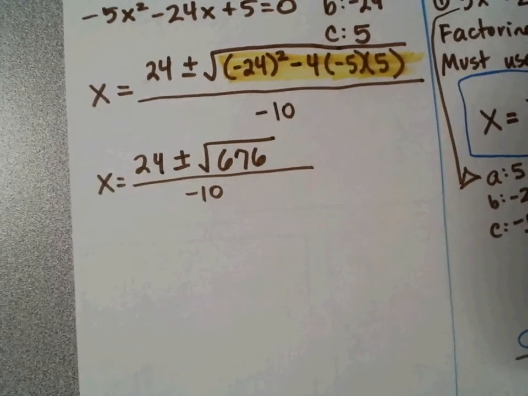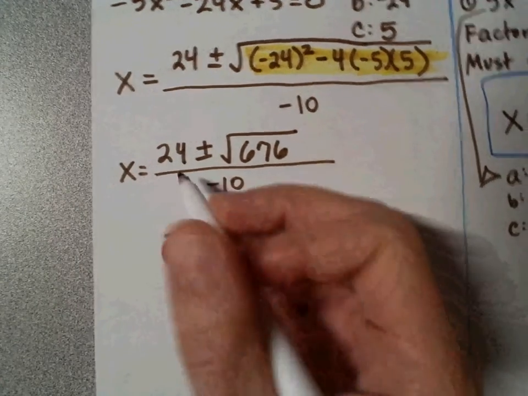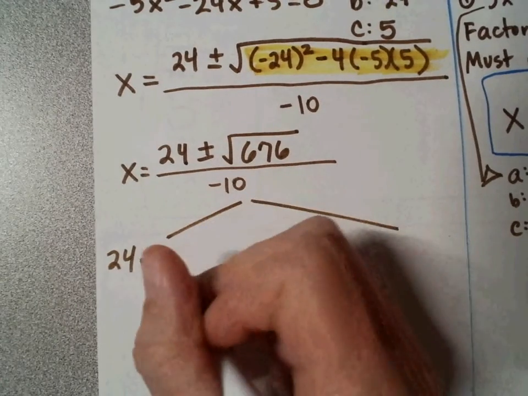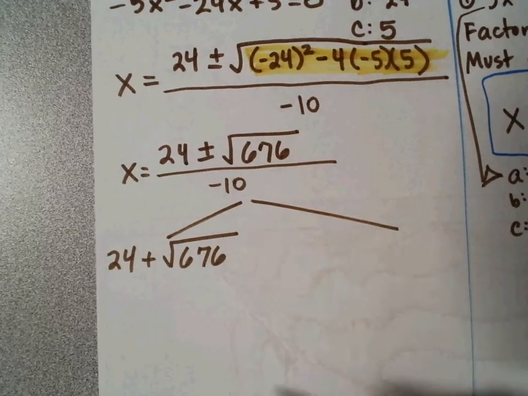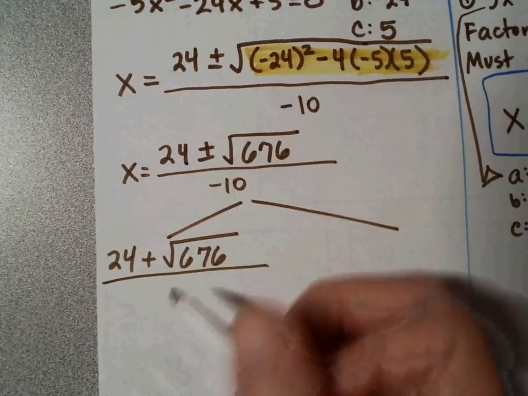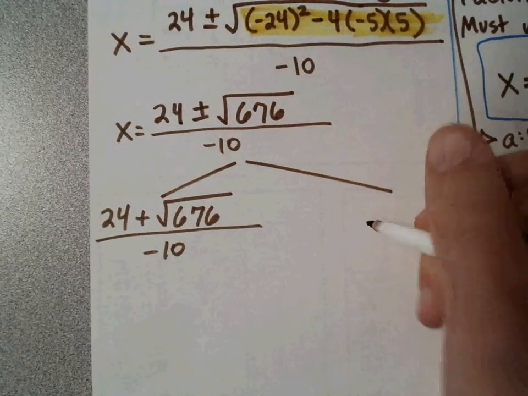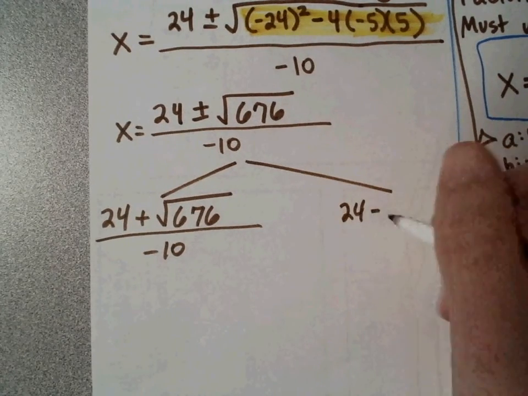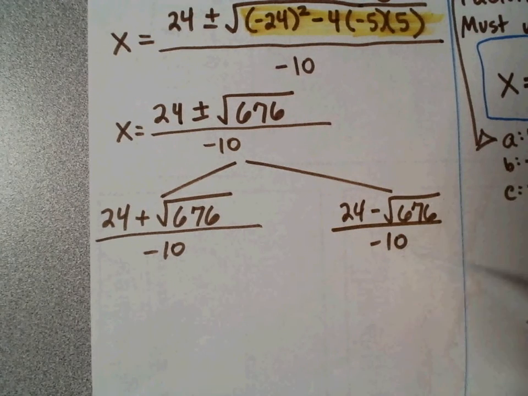Okay, now you make your two branches. So one of them's going to say 24 plus the square root of 676, all divided by -10. And the other one's going to say 24 minus the square root of 676, all divided by -10.